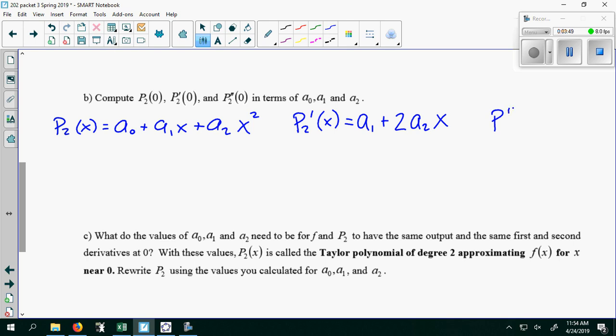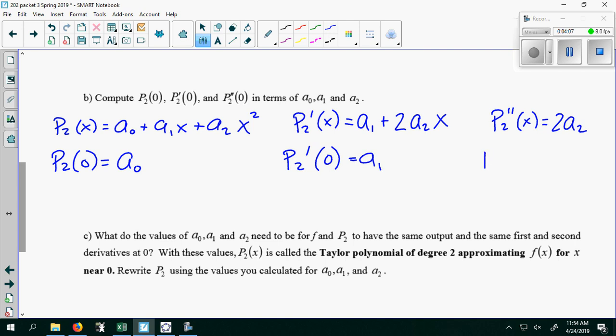And then P2 double prime of x is going to be 2a2. Plug 0 into each of these, and I get a0. P2 prime of 0 is a1, and P2 double prime of 0 is 2a2. Because P2 double prime of x is always 2a2, doesn't matter what x is. So at 0, it's 2a2.